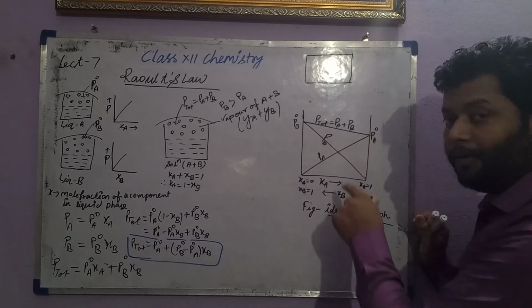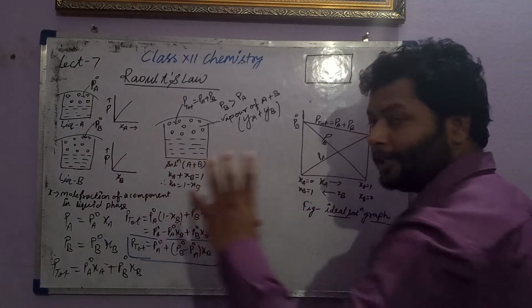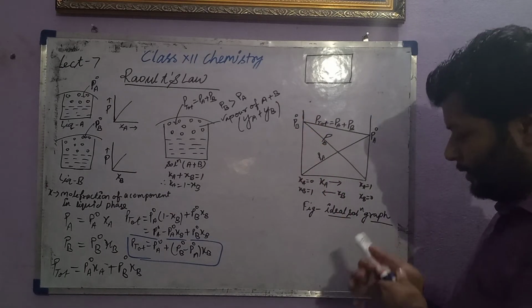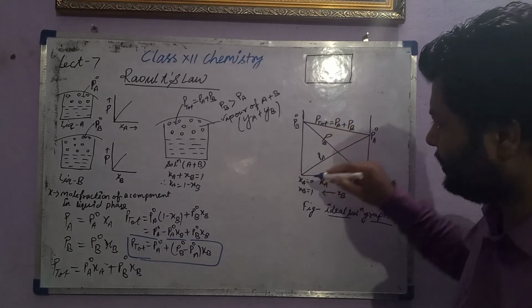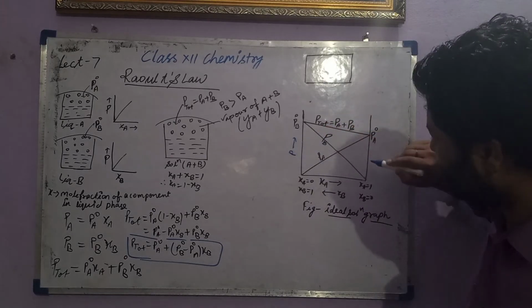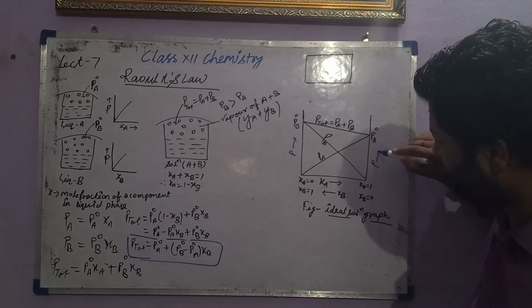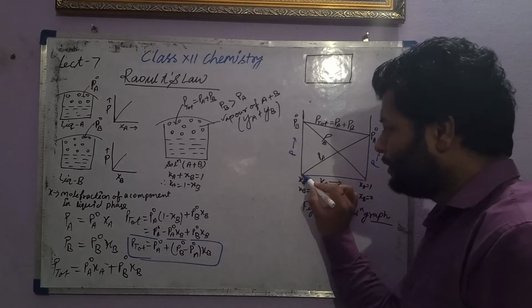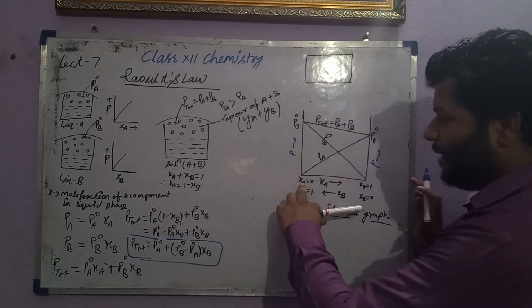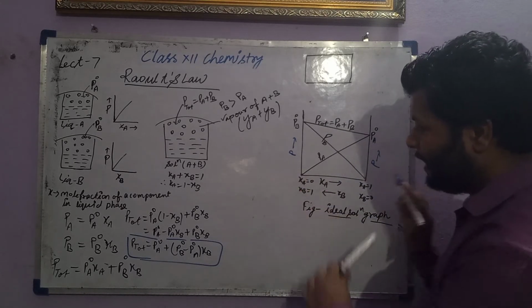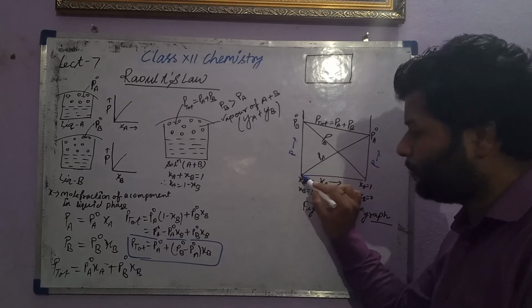Here see the graph. These both graphs are actually mixed together. First, see from this side. This is a pressure. This is also a pressure. In this condition, suppose the mole fraction of the first component is 0. The pressure PA is also 0.